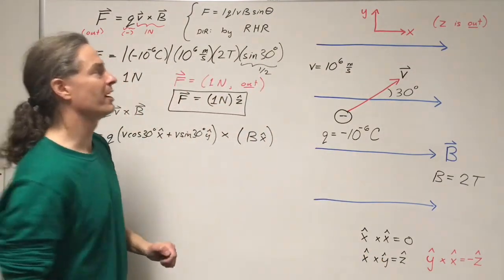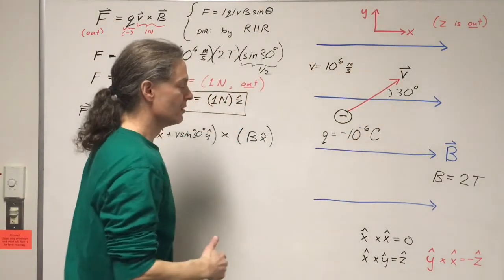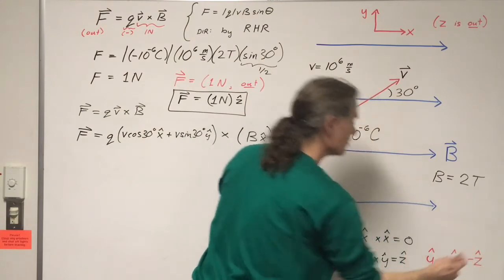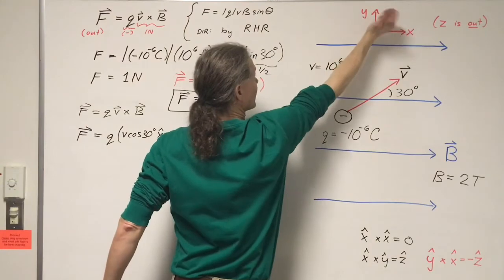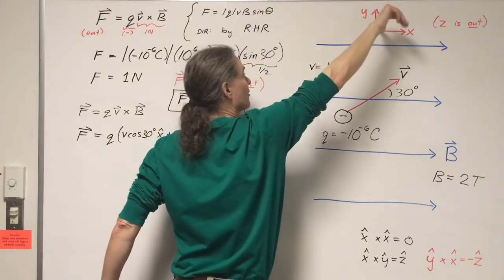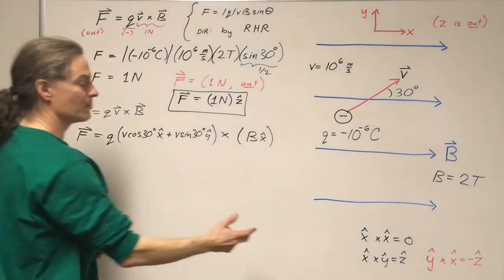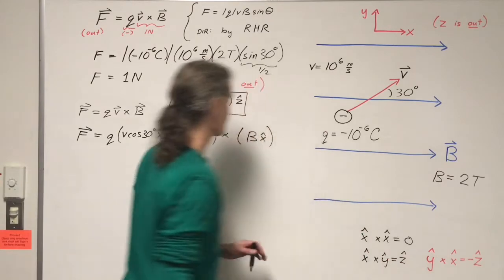That defines a right-handed coordinate system. But if you swap the cross product around and have y hat cross x hat, that gives you minus z hat. X hat cross y hat gives you z hat. Y hat cross x hat gives you minus z hat. So anytime you flip the order of things in a cross product, you introduce a minus sign.